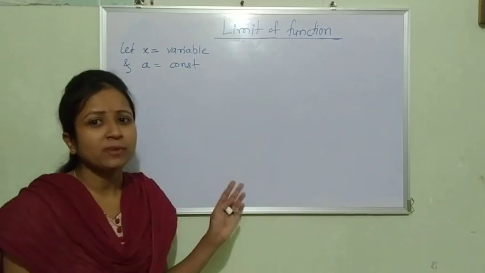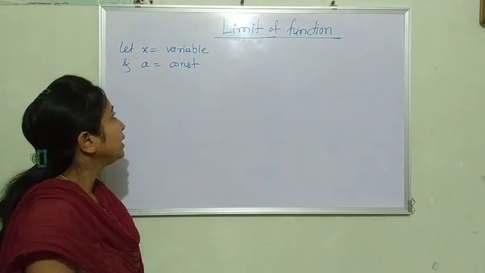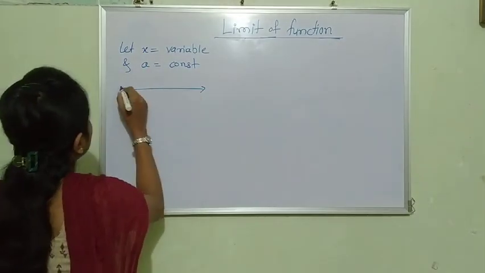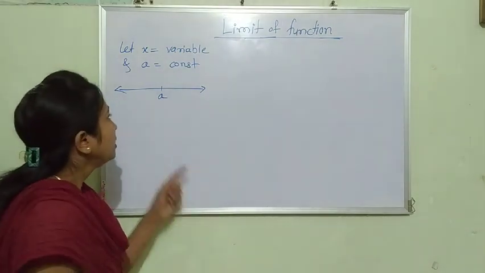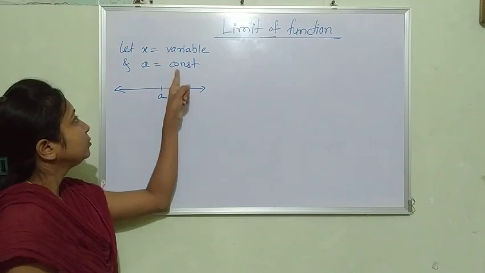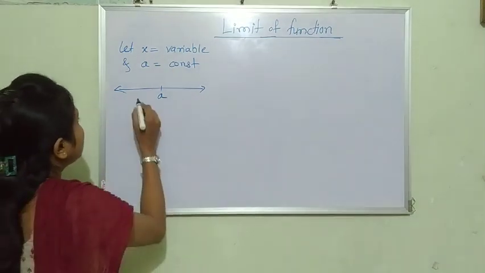X is variable means values of x are going to change, and a is constant means value of a is fixed. On this real line, suppose this is my constant a. How many ways are there to reach this point a? Obviously there are two ways, two paths.